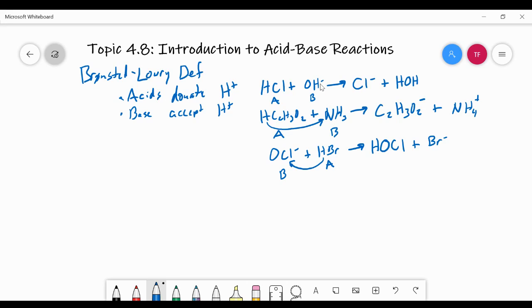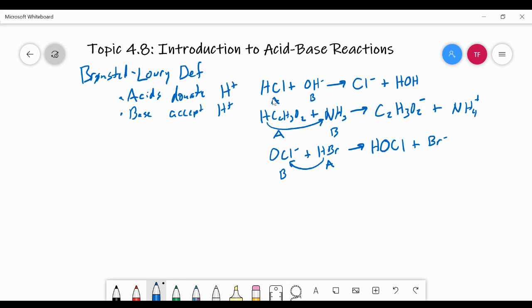If you'll notice, negative ions a lot of times are capable of accepting H positive ions because a negative will attract a positive. So a lot of times, polyatomic ions that have a negative charge can act like bases. And you'll talk a lot more about that again in Unit 7, but not quite yet. Just kind of a preview, negative ions a lot of times can accept those hydrogen ions and act like bases.